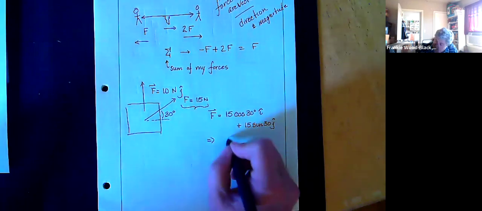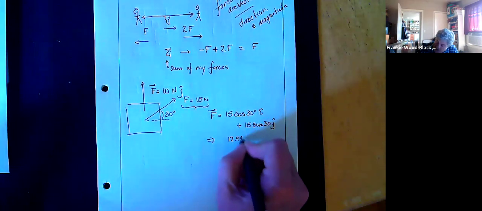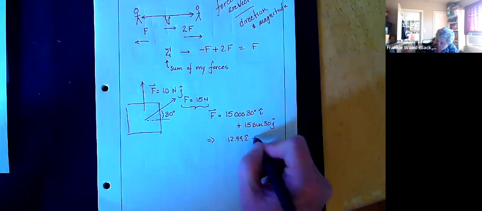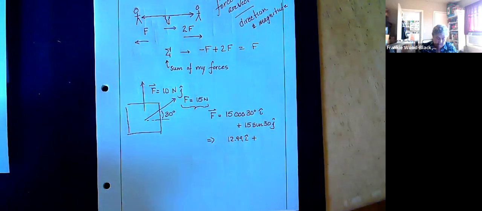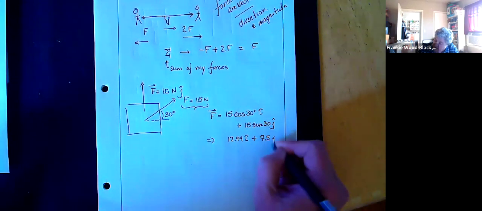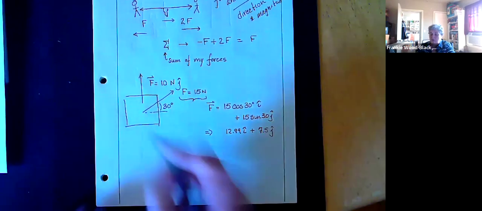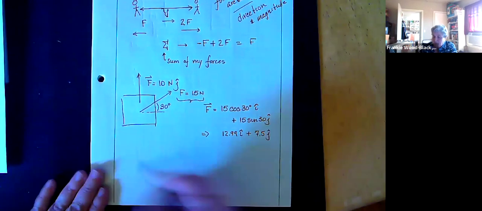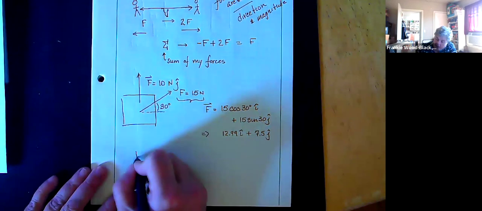This gives me 12.99 in the I direction and 7.5 in the J direction. And we want to know how this block is going to move. So we're going to add our forces.